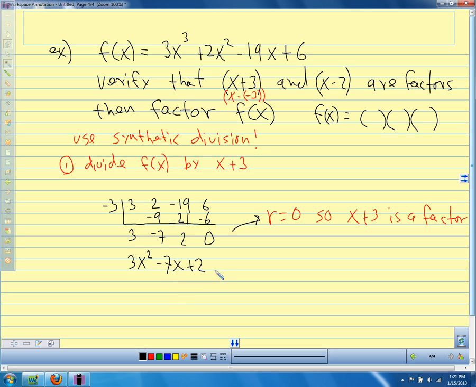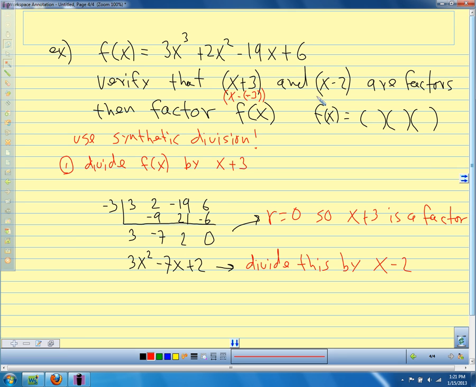Now I'm going to divide this by x minus 2. And if my remainder is 0, this is going to be a factor.